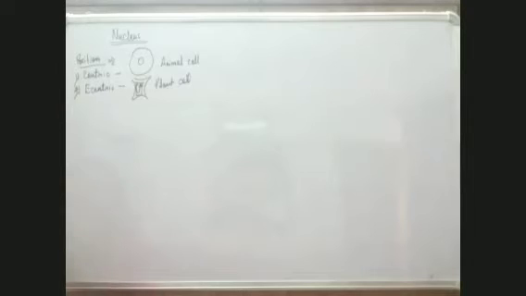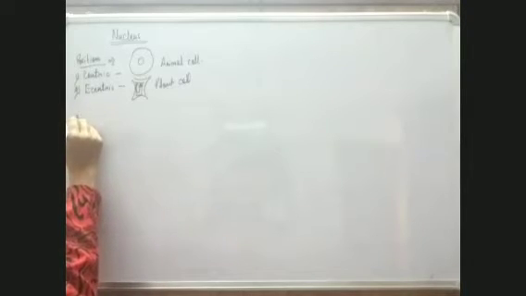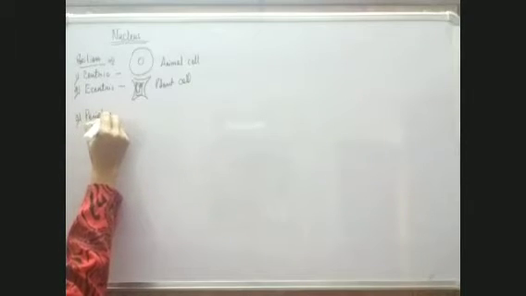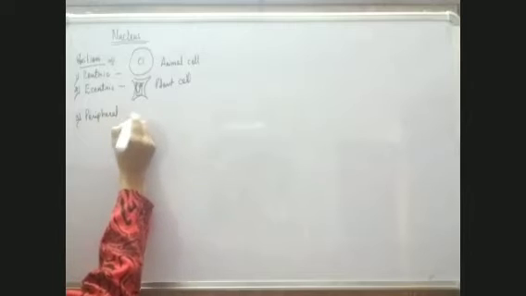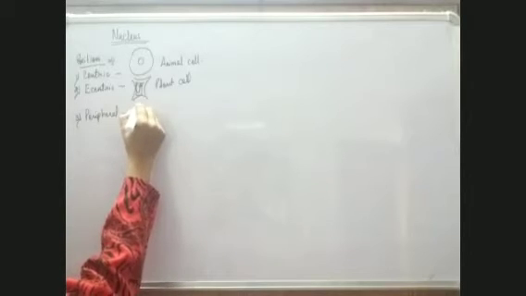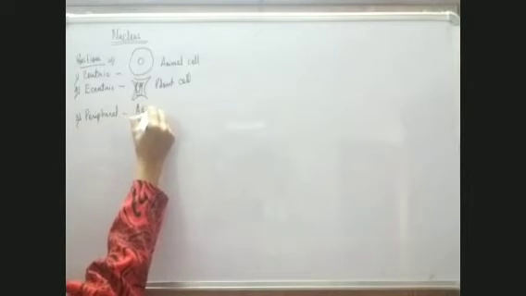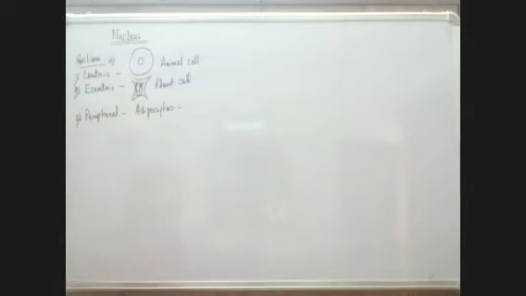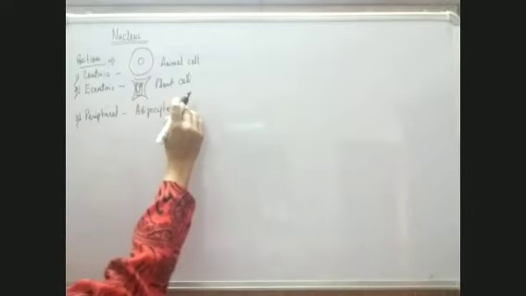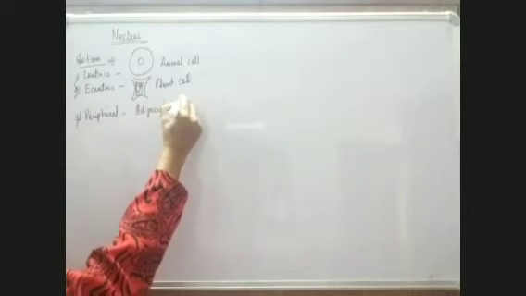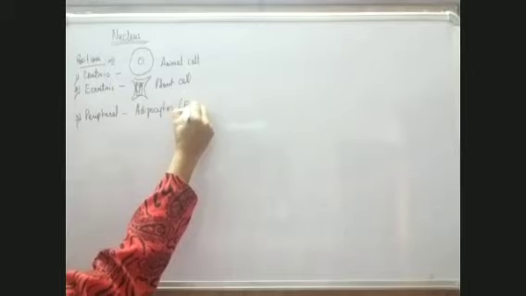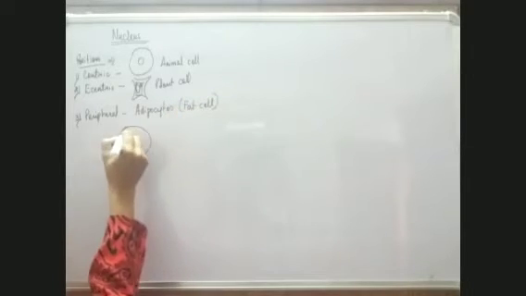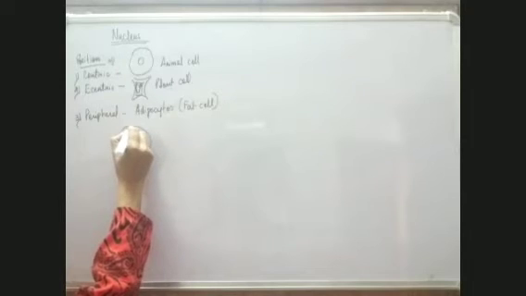Then we have peripheral. The third type on the basis of position is peripheral. This happens in the case of adipocytes. We have done adipose tissue. Adipose tissue is the fat tissue, so these are also known as fat cells. They have oil globules in them. If this is a cell, it will have a big oil globule in it.